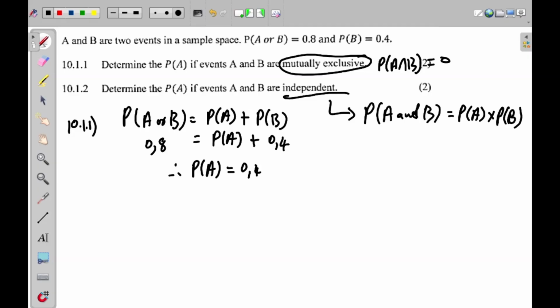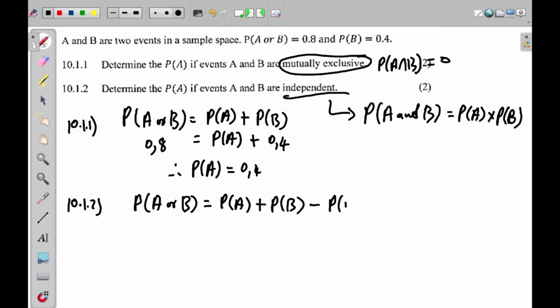So I'm going to write down my fundamental law for probability. That law says probability of A or B is equal to probability of A plus probability of B minus probability of A and B.